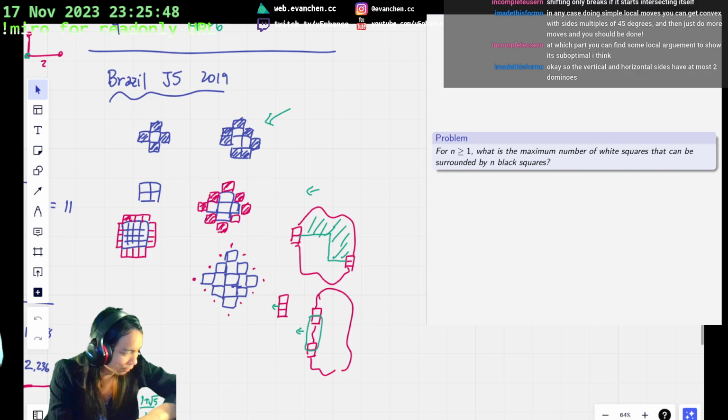Sides multiples of 45 degrees. You do more moves and you should be done. Amazing. I think this argument shows at most like 6 sides.